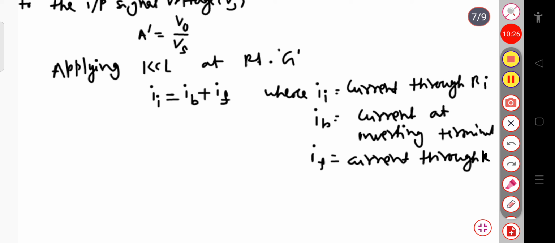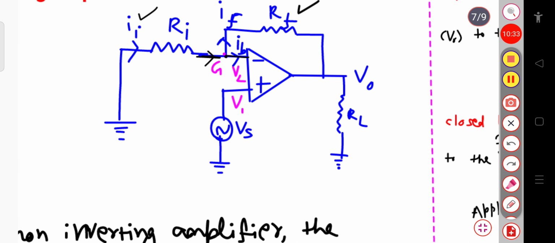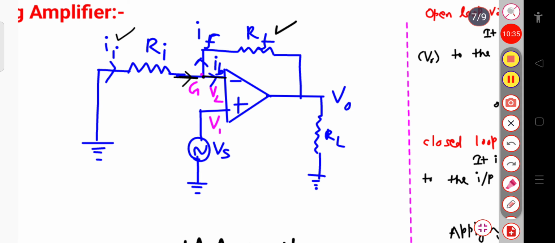Since this input resistance is connected and has a very large value, we can consider that IB is small, or simply that II is near about IF.